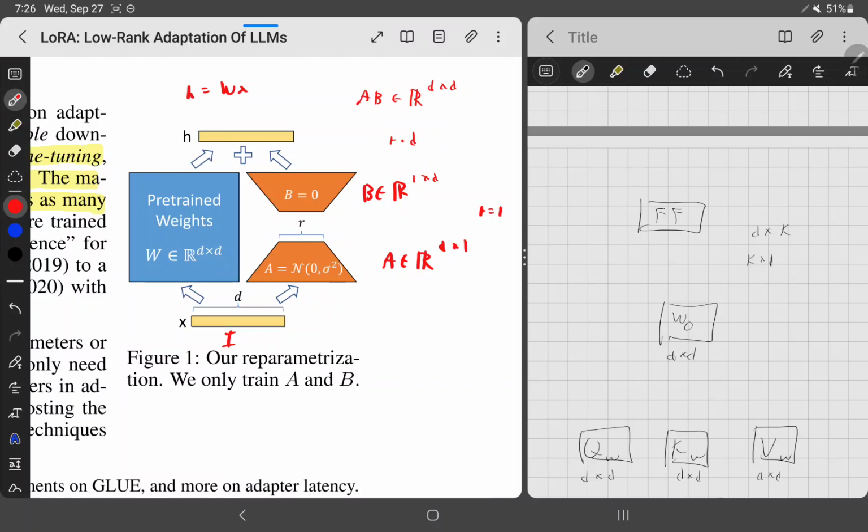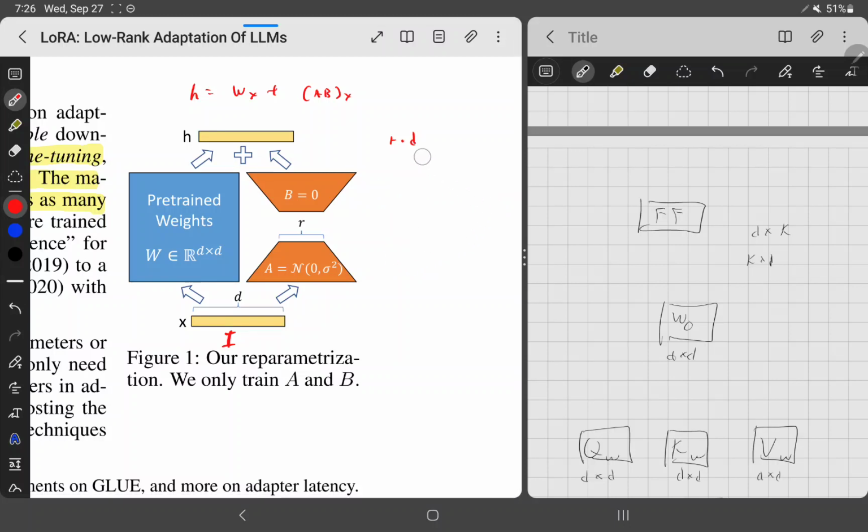You can think of it like we have this original knowledge here, and we're updating it somehow. Your output is going to be WX, your original output, plus ABX. And this is your updated information.